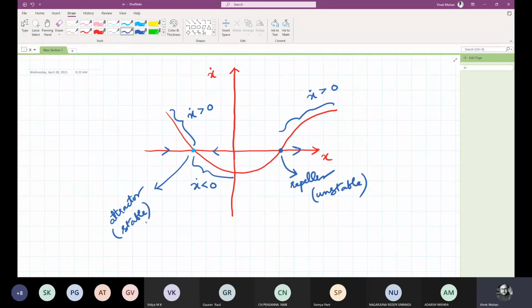Now, as before, we imagine that a fluid is flowing along the real line. The fluid is flowing along the real line with a local velocity f of x. Here the velocity is f of x, which is x dot.